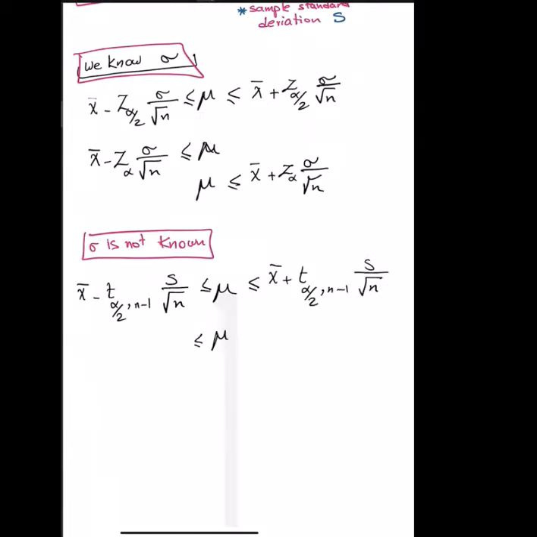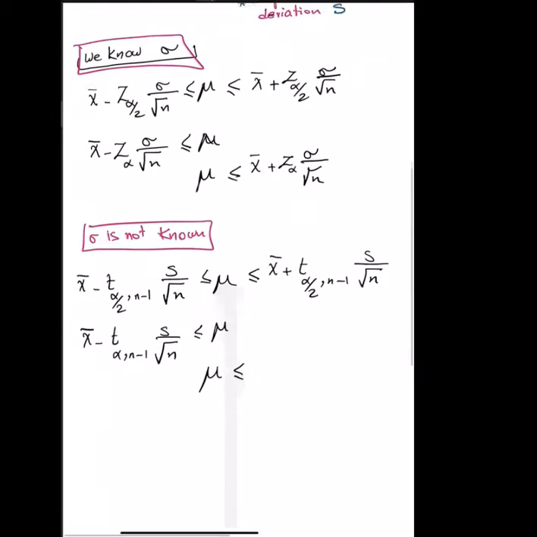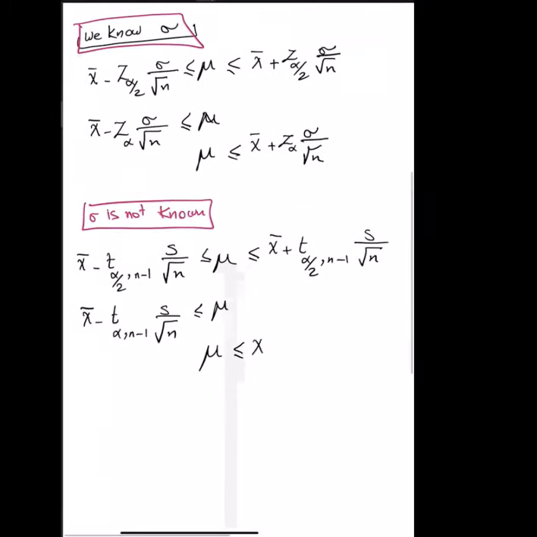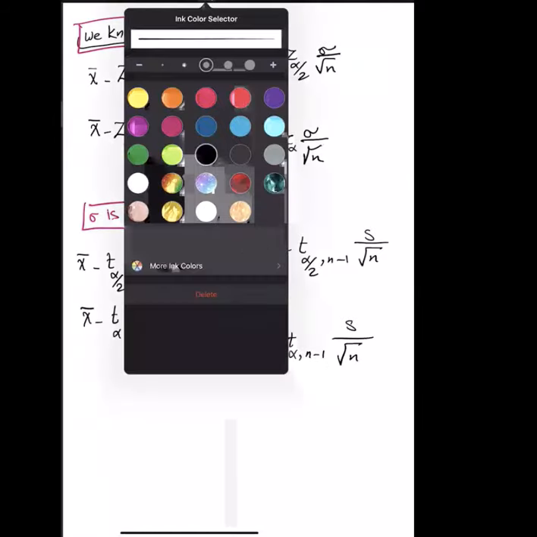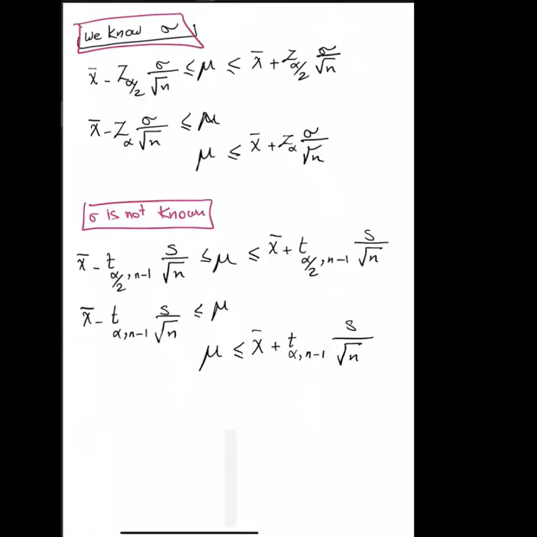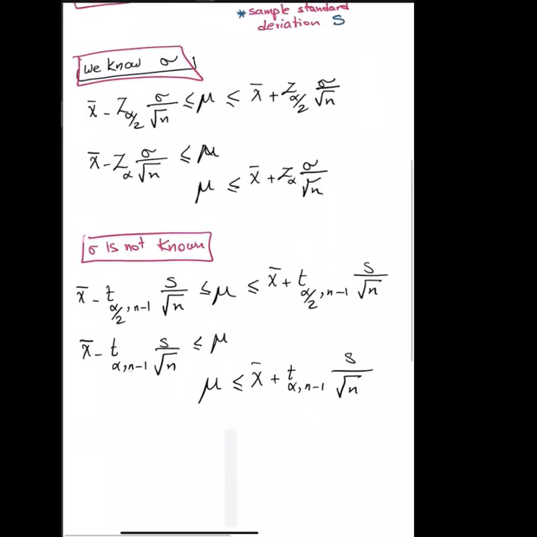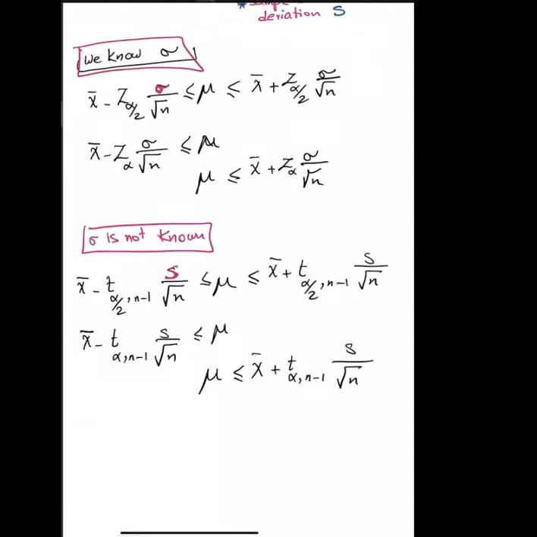The one-sided lower bound would be x bar minus t of alpha s over square root of n, or the upper bound will be x bar plus t of alpha s over square root of n. Okay, so as you can see, the structure of these formulas is the same. The main difference is in the sigma here and the s here. If I know sigma, I will use sigma.